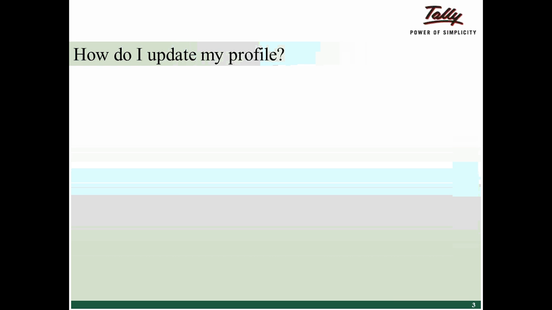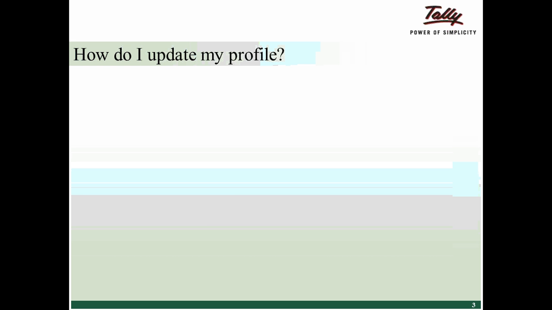When you update your profile, you will have certain information like address, contact person name, phone number, and email ID. By this information, we can come to know your company name and where exactly your company is located, and other information.